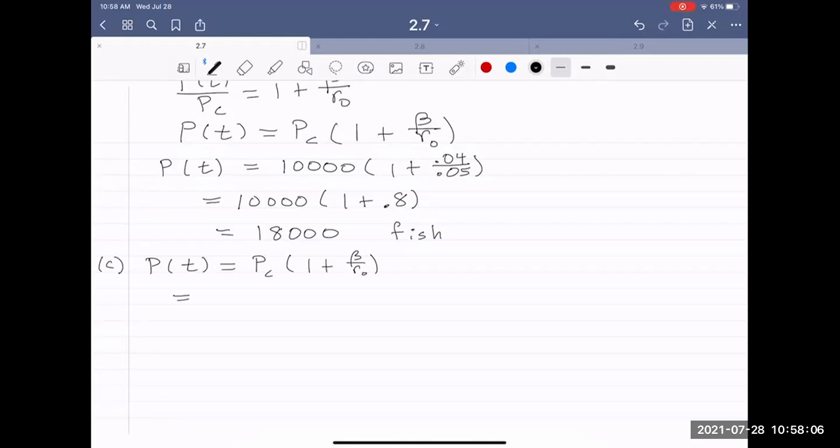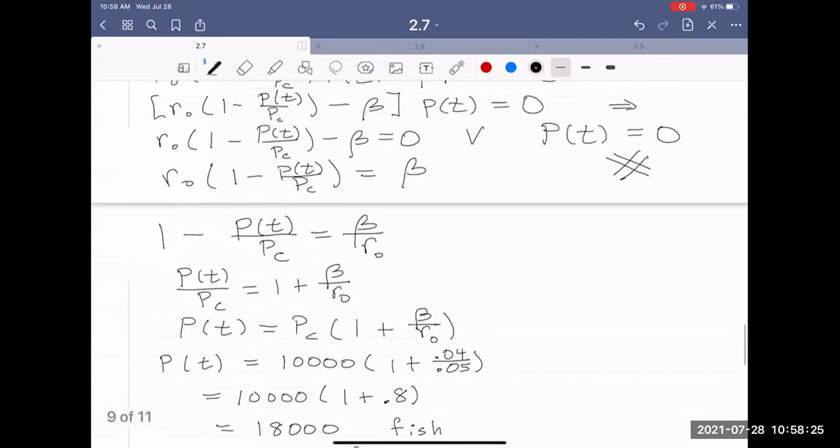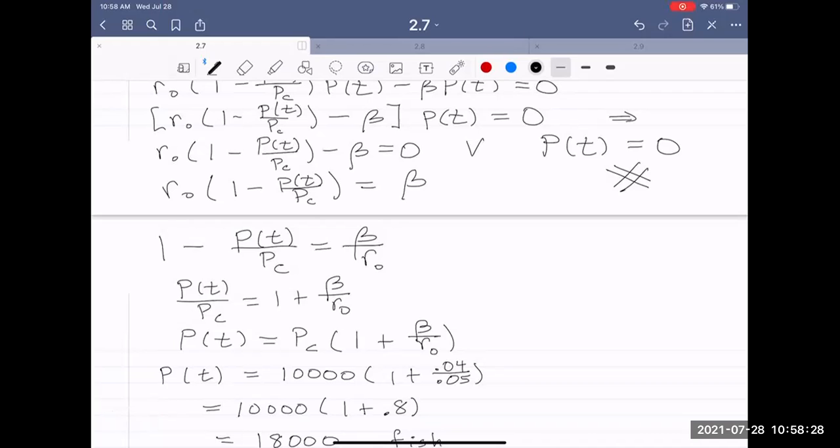So you start out with 10,000 fish. Wait, one second. When I bring this to the other side of my equation, this becomes negative. That's positive, but this is negative.